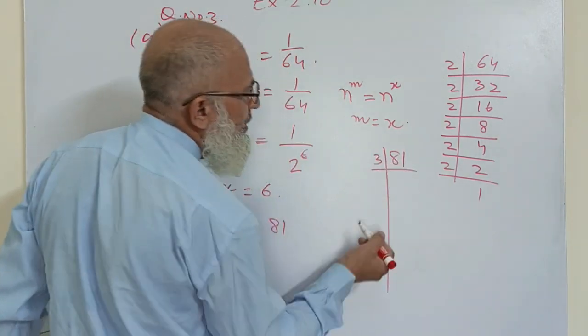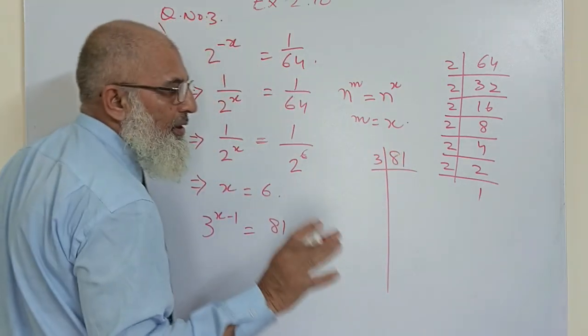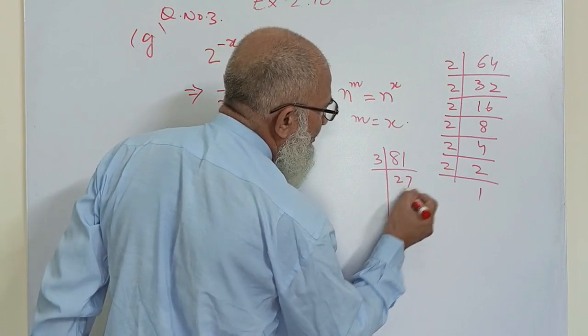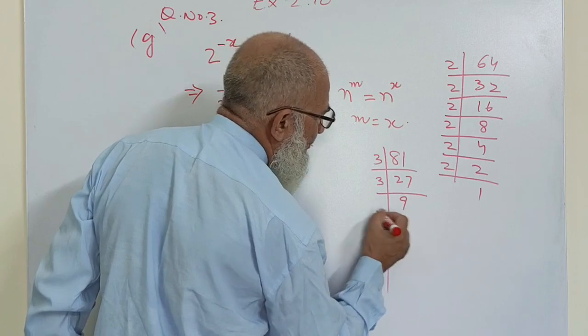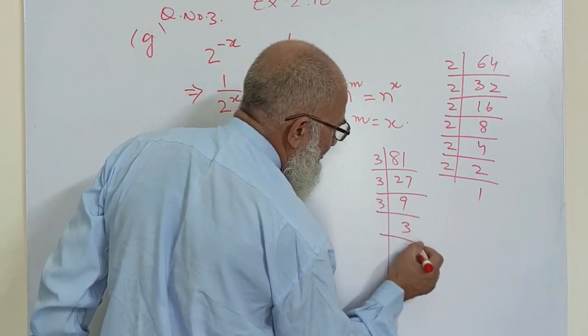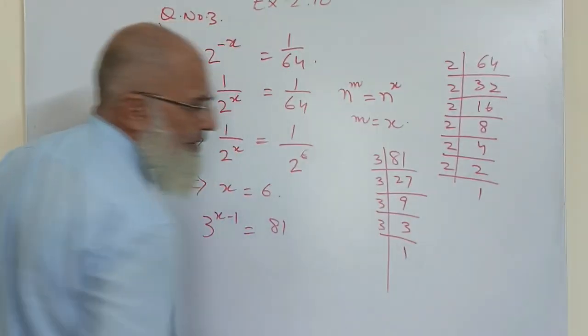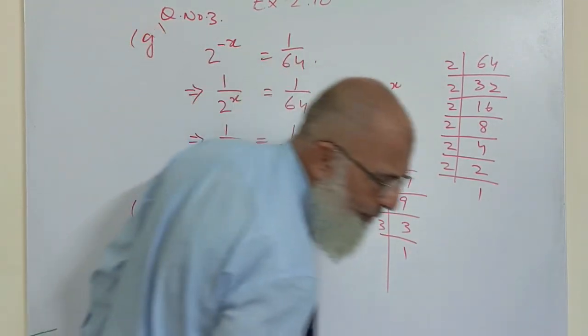It is divisible by 3 only. 3 times 27, 3 times 9, 3 times 3, and 3 times 1. Now you see, my dear students, that 4 threes are coming up in a row.